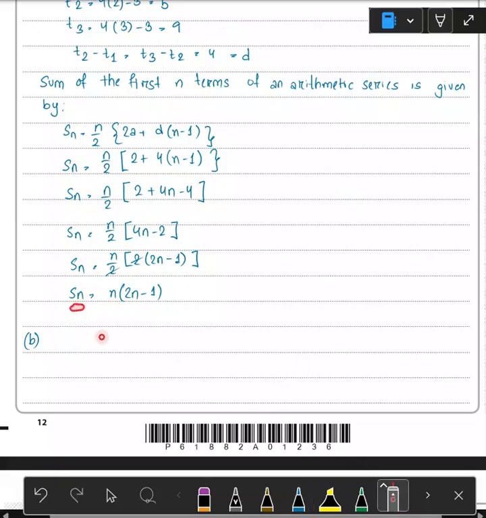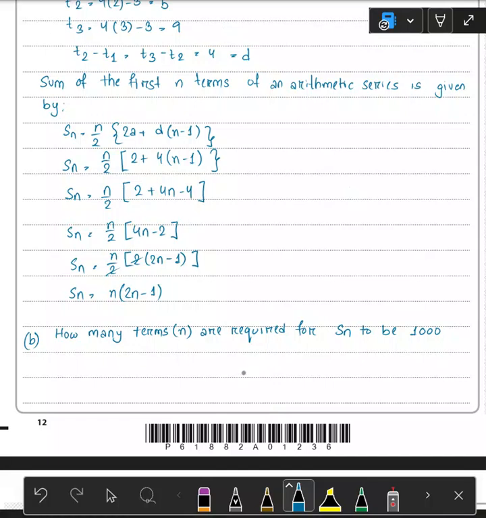At first I will find this n, so I will try to find how many terms, which is n, are required for Sn to be 1000, for the summation of those terms to be equivalent to 1000.